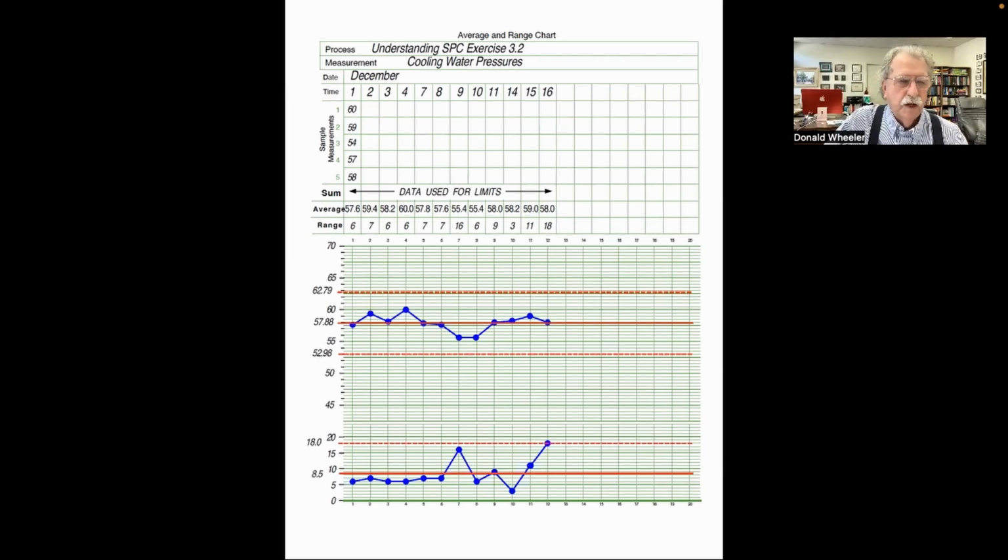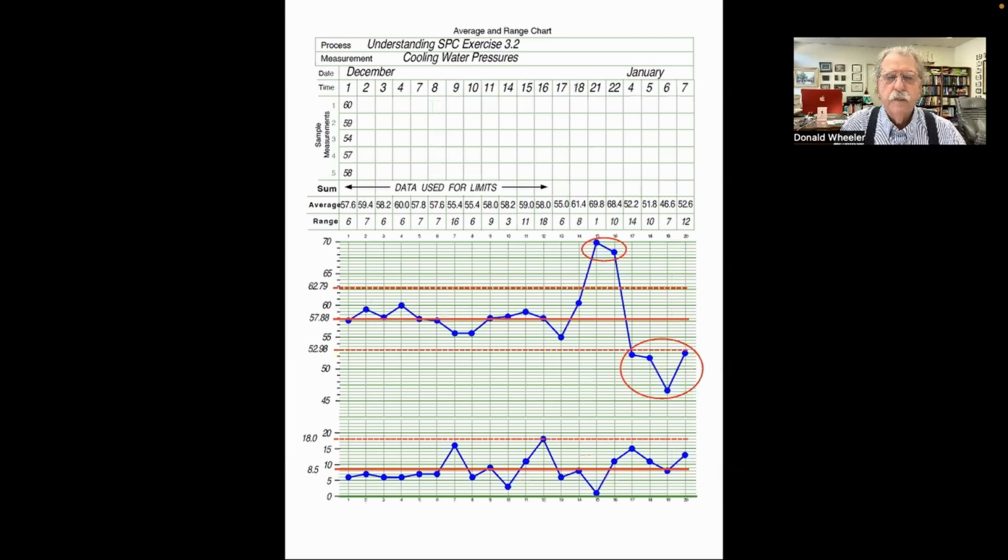So we get an upper limit for the averages of about 62.8, a lower limit for the averages of about 53, and an upper limit on the ranges of 18. And everything looks copacetic here. Then he continues to plot his data up until the current time.